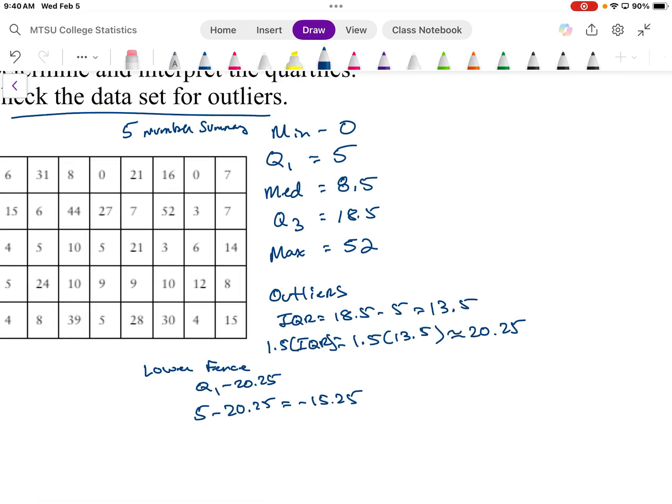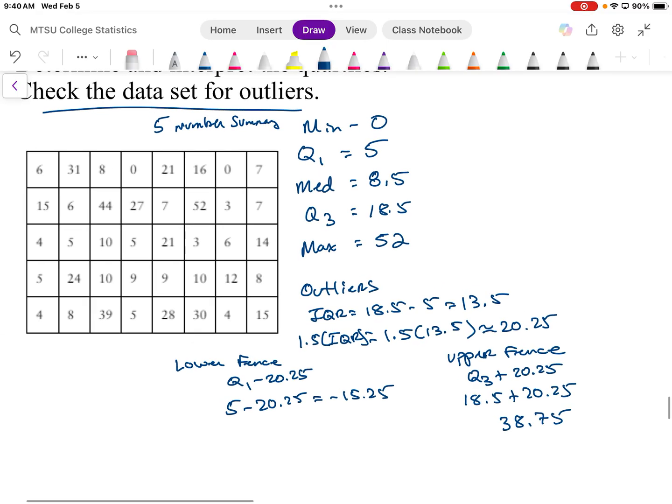And then on the other side, the upper fence, we would do Q3 plus the 20.25. So Q3 was 18.5 plus 20.25, which would be 38.75. So we know there are no outliers below because we can't go back in time. So there's none below.